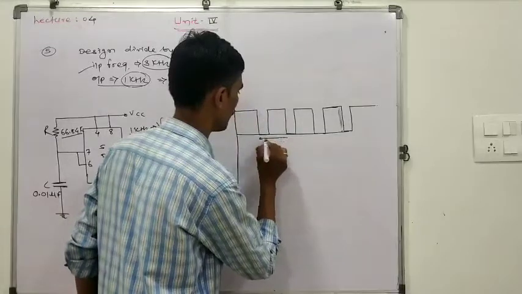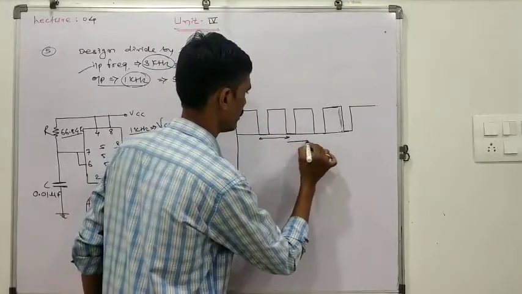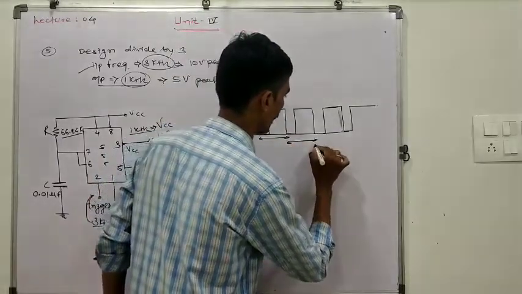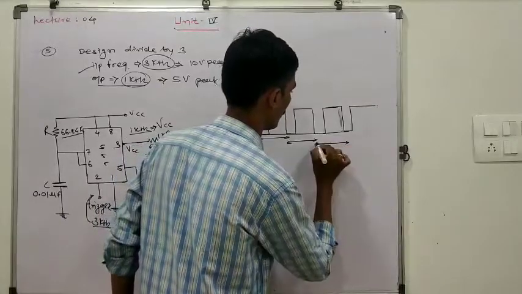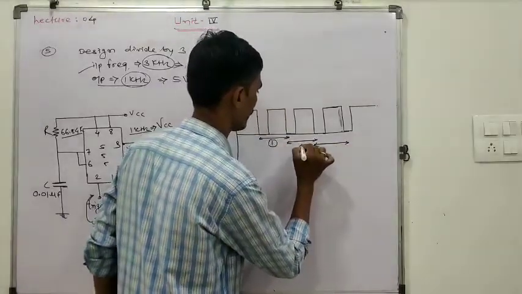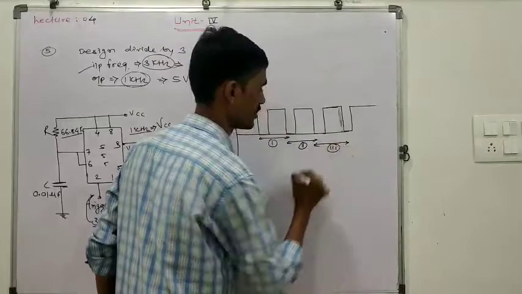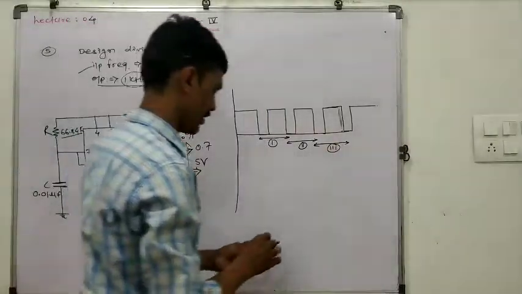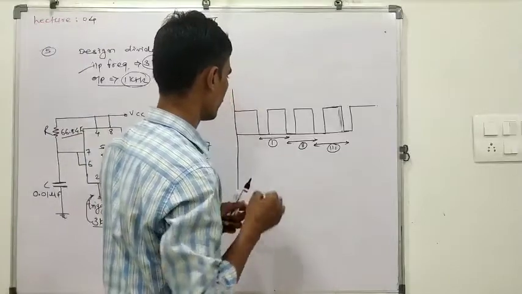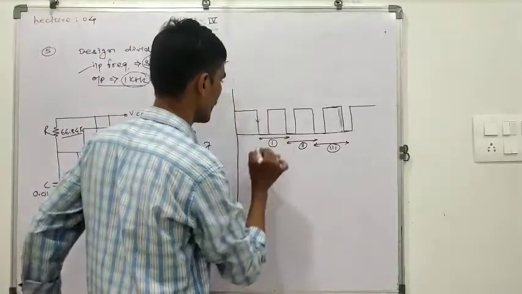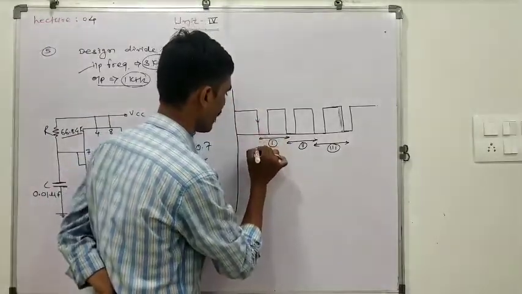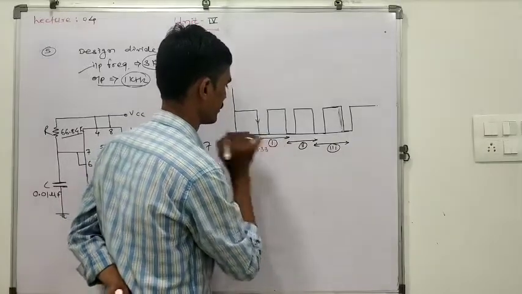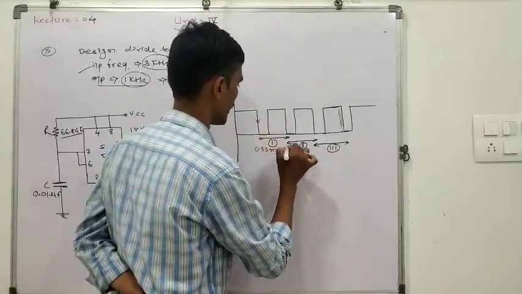So this is the first cycle, this is the second cycle, and this is the third cycle. For these 3 cycles, we must get a single cycle. So for that, we are assuming we are triggering at this point, and we are taking this value as 0.33 millisecond.